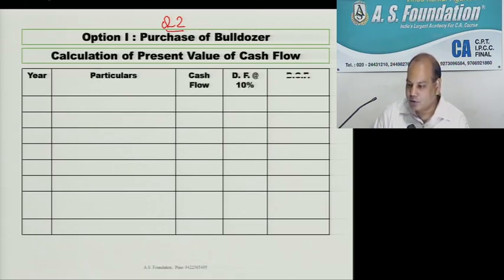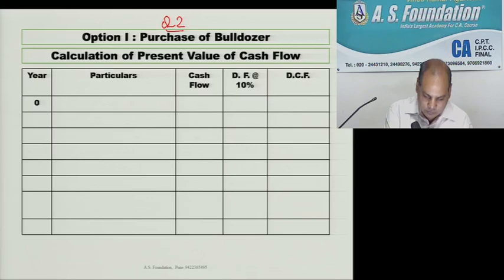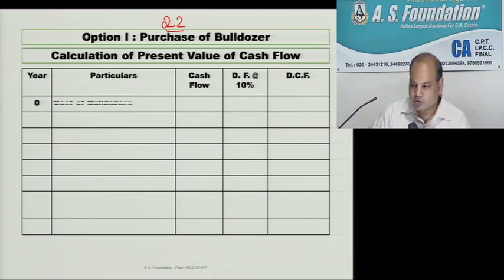First write down the format as usual. After that, we will write down all cash flows that you can first visualize, and if required, prepare working notes. So year 0, cost of bulldozer 1,80,000.